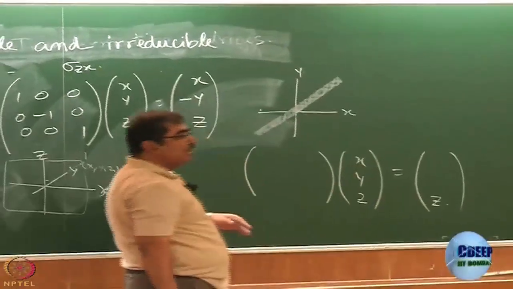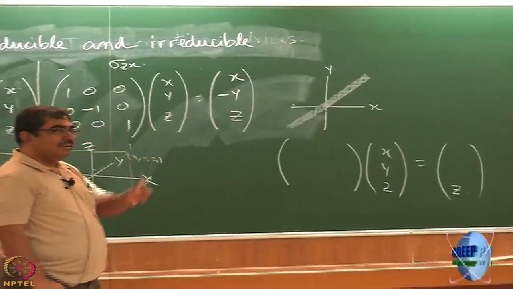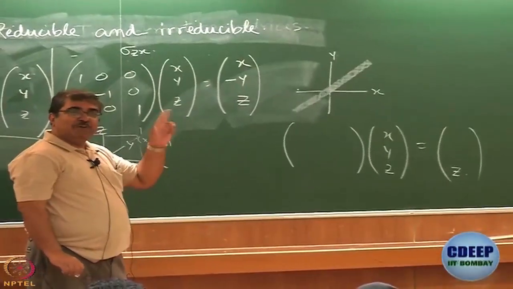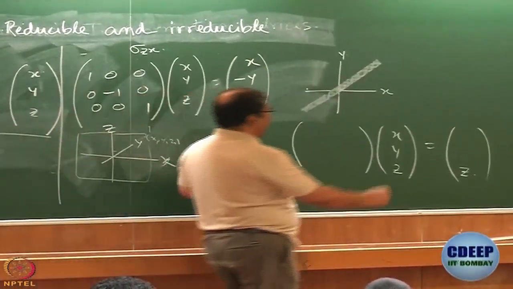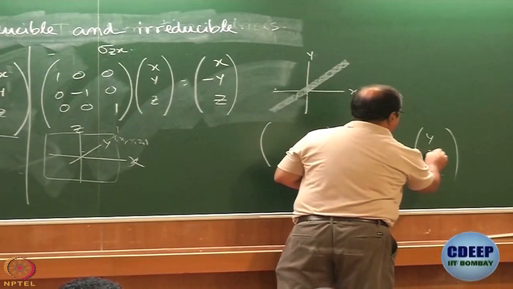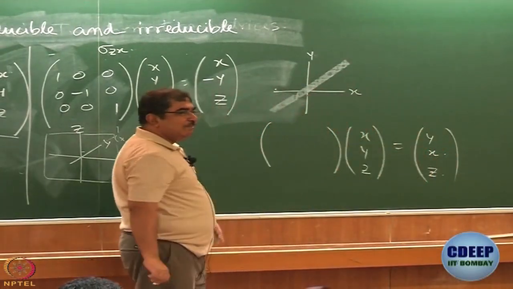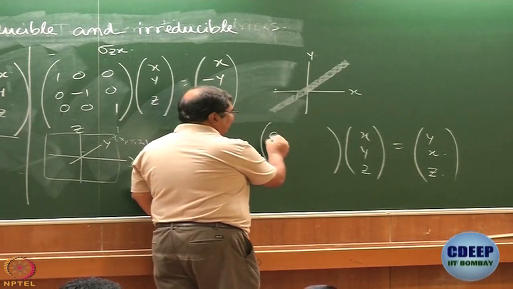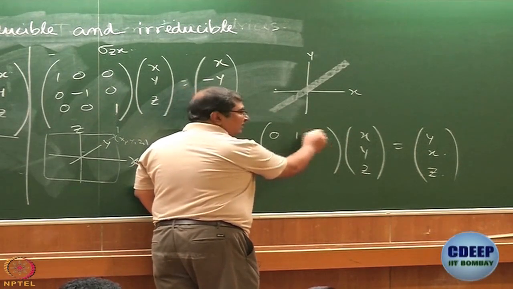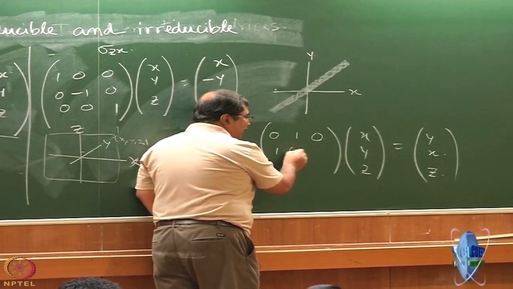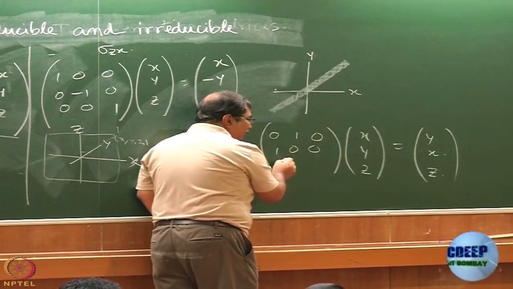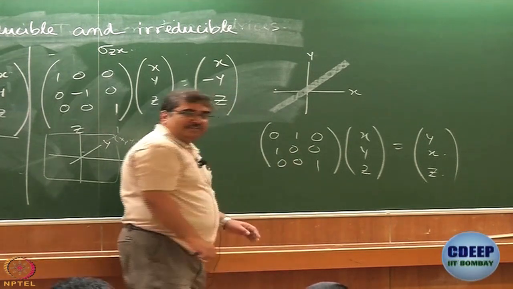What about x, what about y? x becomes y and y becomes x. What is the matrix now? 0, 1, 0, 1, 0, 0, 0, 0, 1.